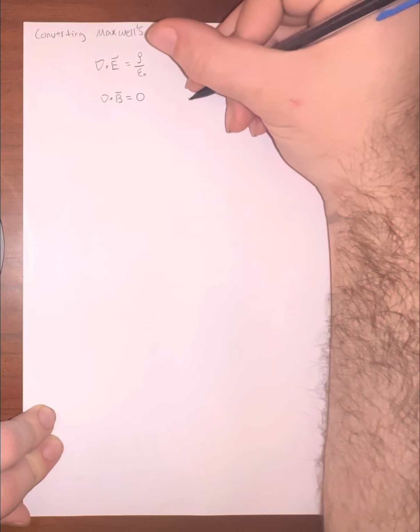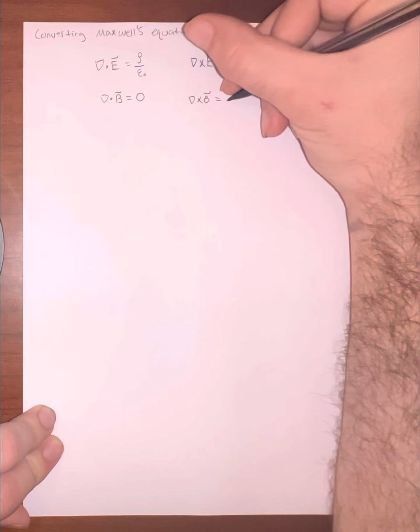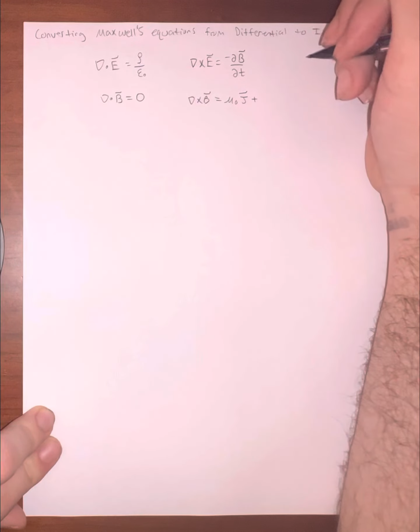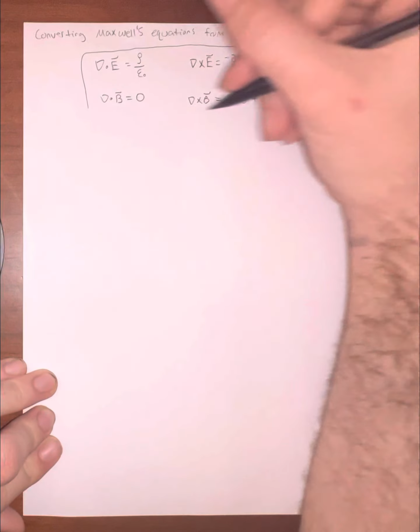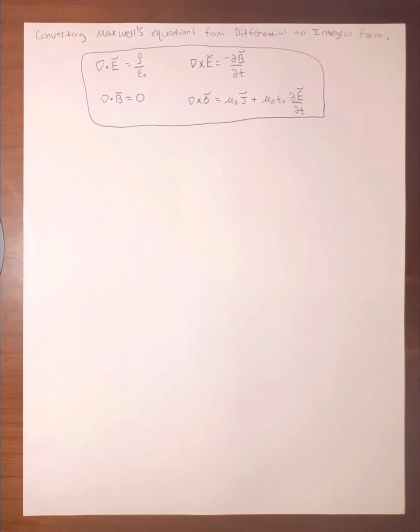And then the Ampere-Maxwell law says that the curl of the magnetic field is equal to the permeability of free space times the current density plus the Maxwell correction term, which is mu naught epsilon naught, changing electric field. So it's good to understand this form first before moving on.